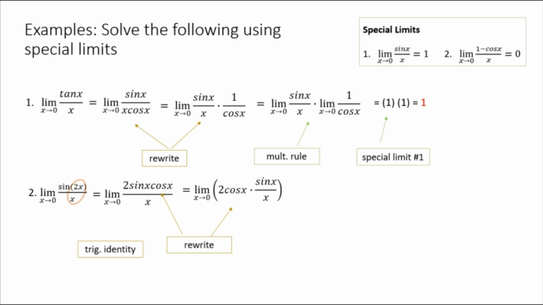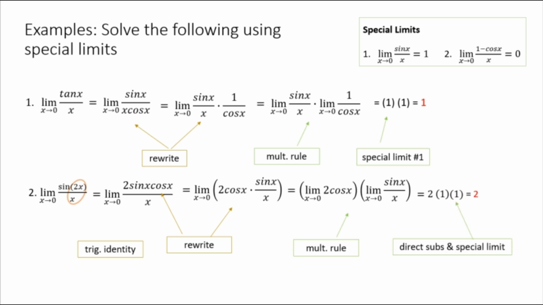Then again, we use the multiplication rule. Can separate the two, and you know what is coming next. Direct substitution and the use of the special limit, as this is now available.